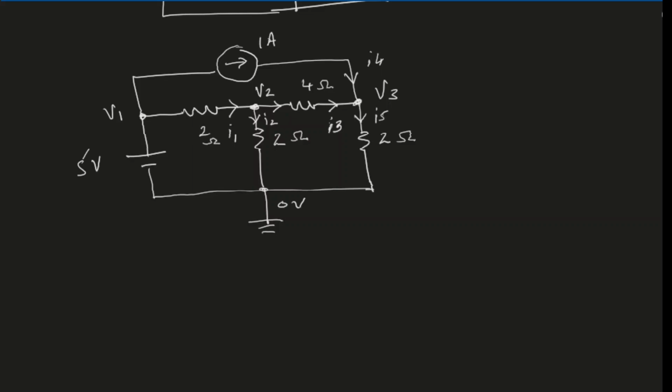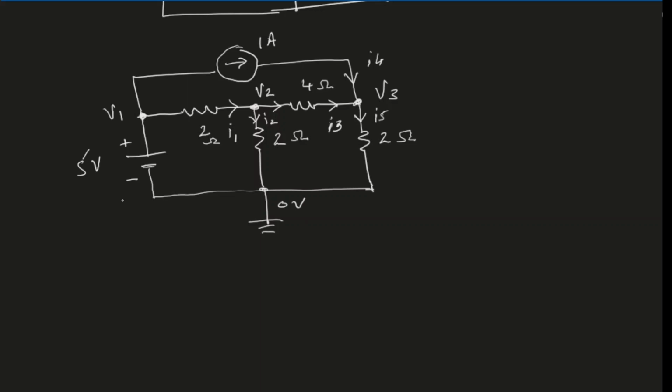But in this case, V1 is already known. Because of the constant voltage source over here in this branch, we have fixed V1. So therefore, V1 is already known to us, and we do not need to apply KCL on node 1. Because of that, I did not identify any currents for this node.